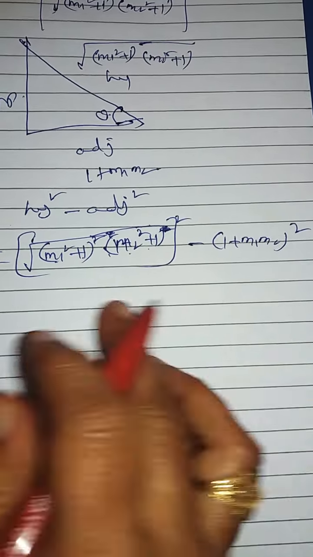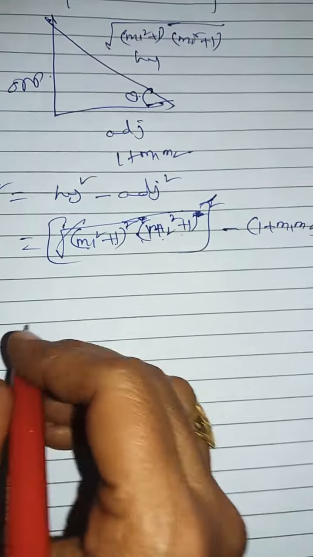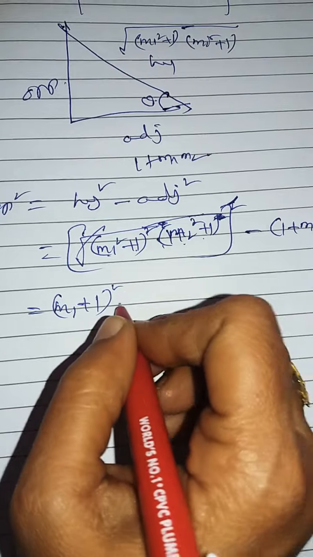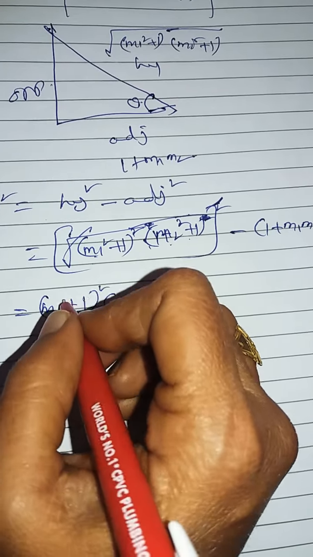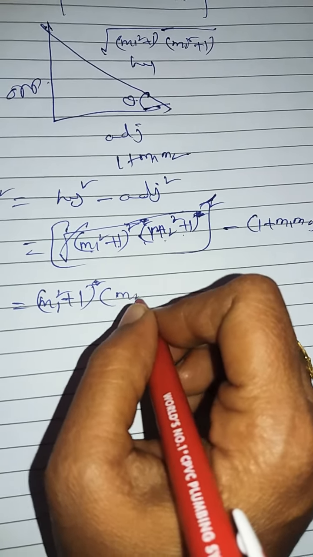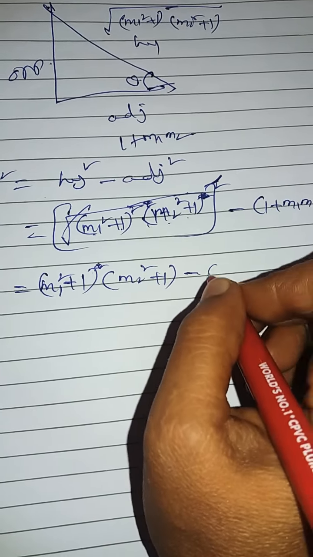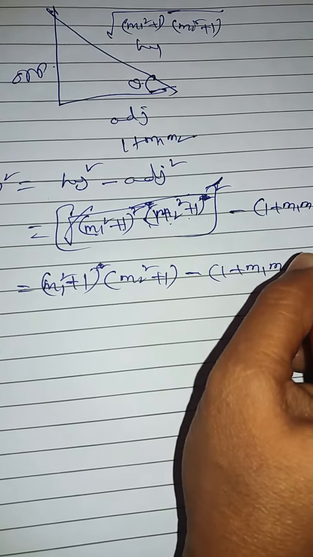Now square and root will get cancelled. What we will get? m1 square plus 1 into m2 square plus 1, minus 1 plus m1 m2 whole square.